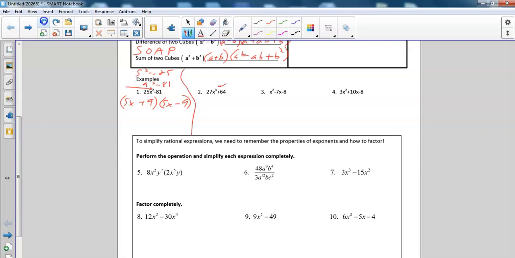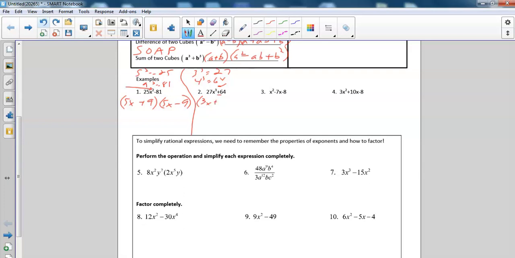Now, see this little 3? That tells us we're looking at cubes, and it's a sum of cubes. So hopefully you recognize that 3 cubed is 27, and 4 cubed is 64. So we're going to do our SOAP pattern. Cube root of 27 is 3, and there's our a term. SOAP, same.